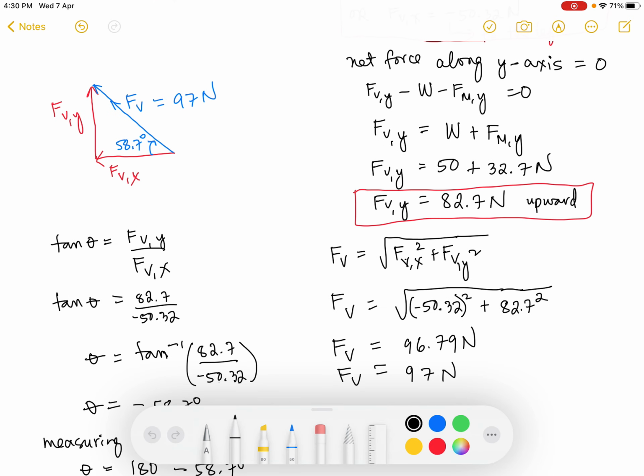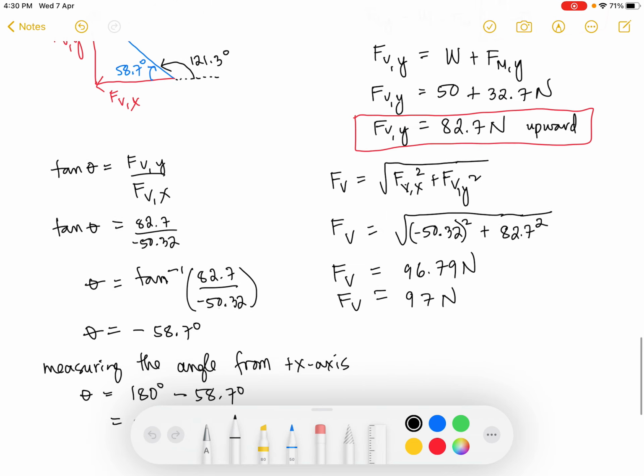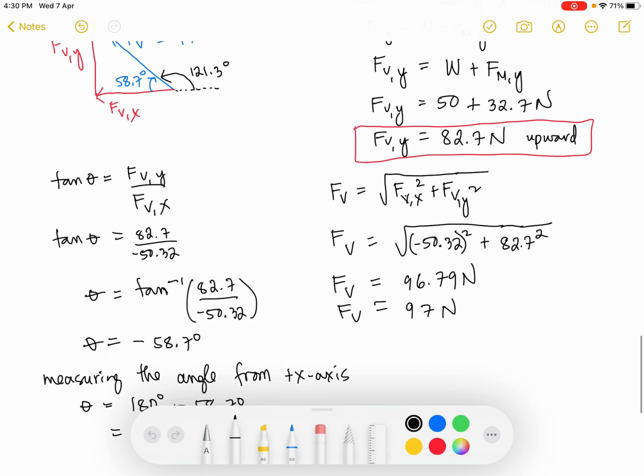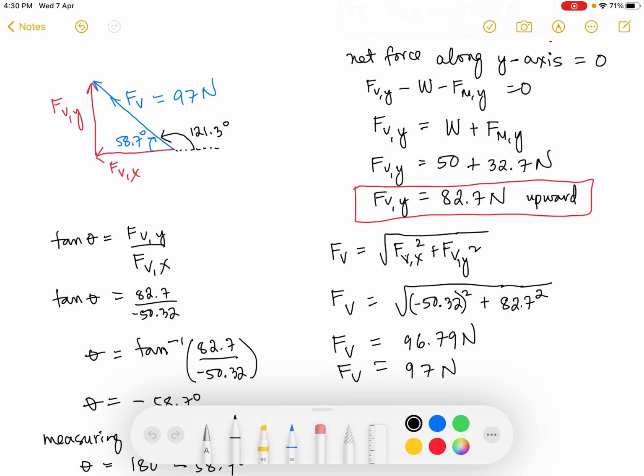Right. So if you measure the angle relative to the positive x-axis, this is 121.3 degrees. I think the convention we're using is that we measure the angles relative to the positive x-axis. In your calculation, you got negative 58.7 degrees, which means that it was measured relative to the negative x-axis, where FVX is.